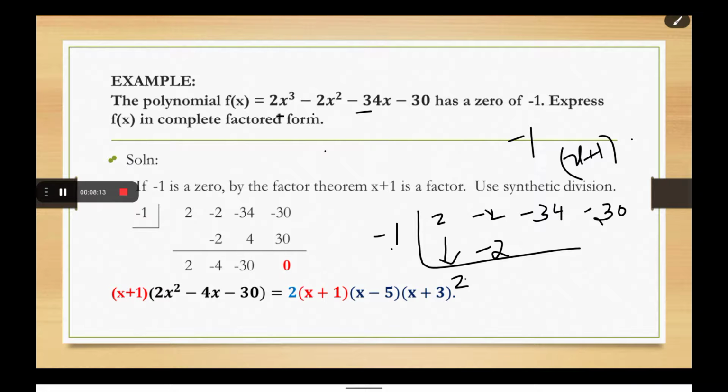Minus 2 minus 2, that is minus 4. Minus 4 into minus 1, that is 4. Minus 34 plus 4, that is minus 30. Minus 30 into minus 1, that is 30. We get the remainder as 0. The remainder is 0. We can write x plus 1 into this.